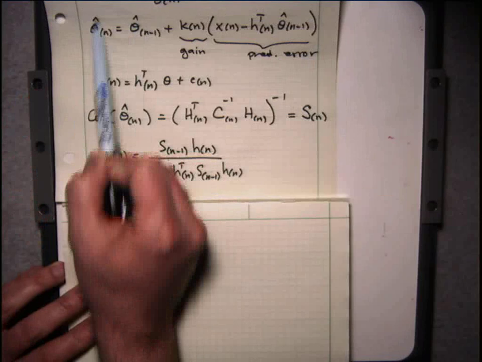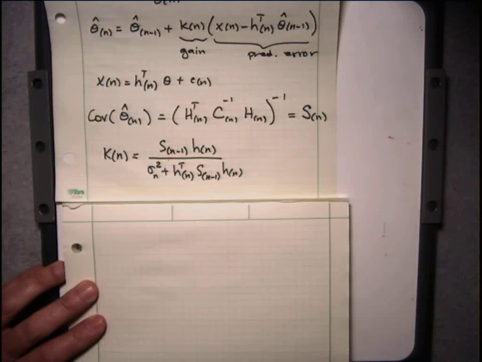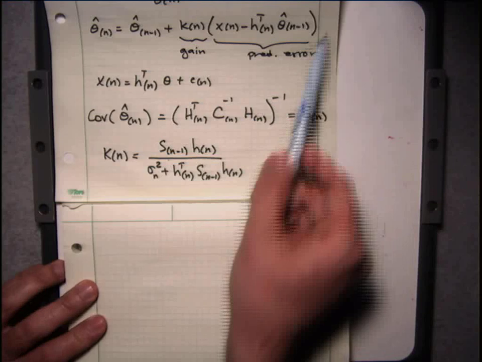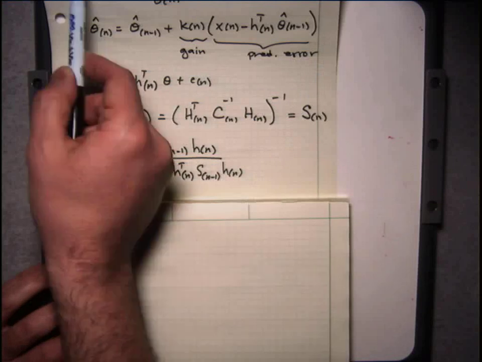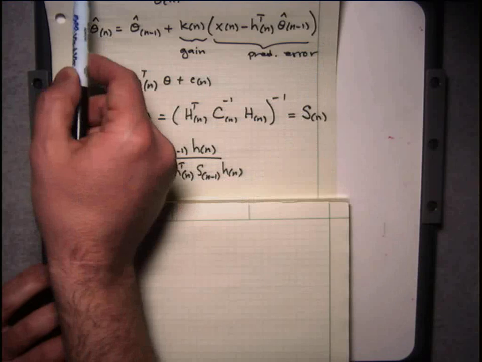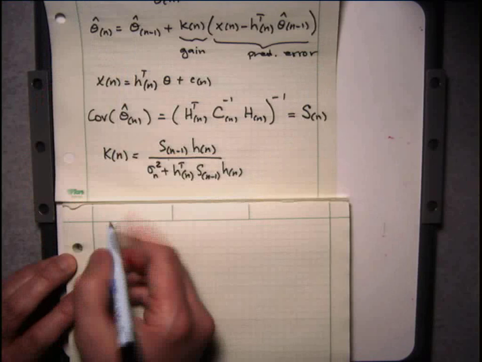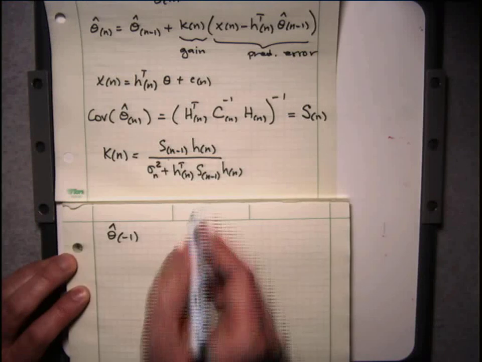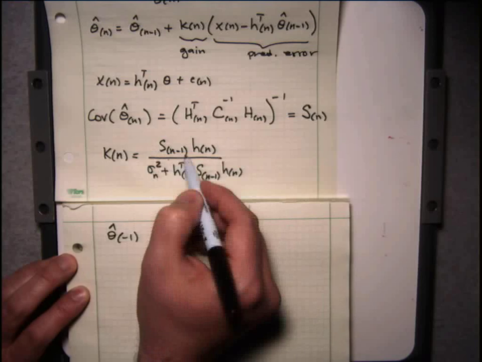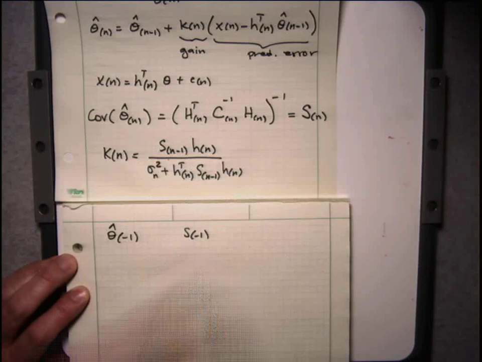If I want theta hat of 0, I need theta hat of -1, and so on. So if you want to start this at n equals 0, which is your first index here, then you need to set two values. You need to set theta hat of -1, and you also need to set some covariance for this, because you need S of n minus 1. So you need to set S of -1.